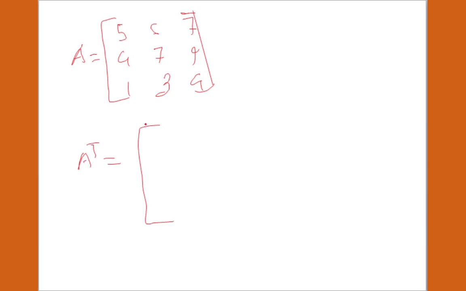This is a row, write it as a column. 5 6 7, next 4 7 9, last one is 1 3 4. Okay, so this is the transpose of a matrix.